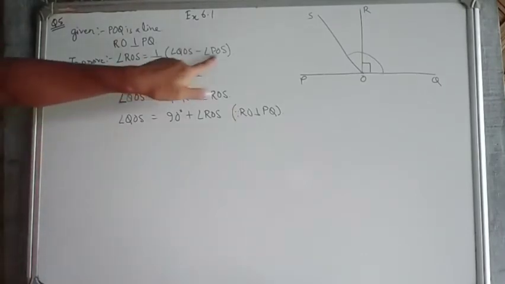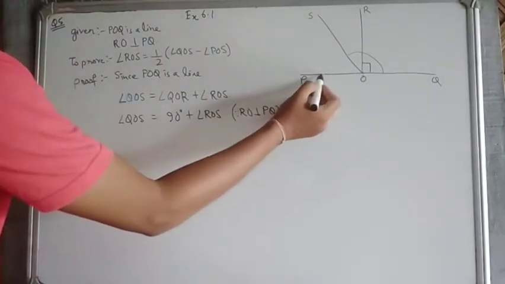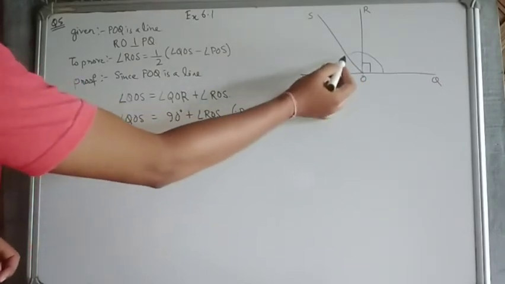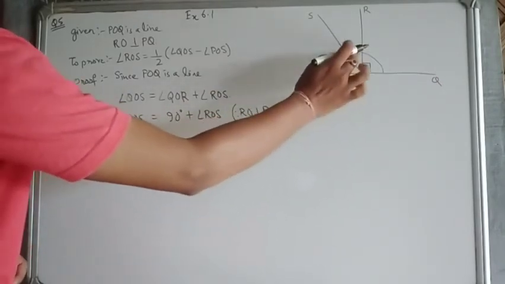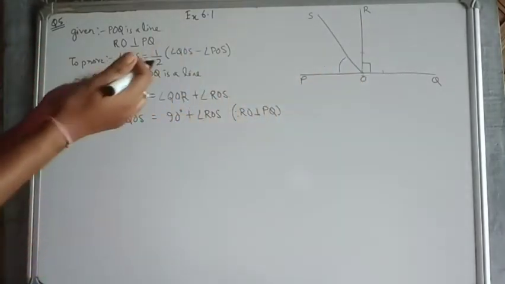Now what we have to find, another part is POS. Now this part POS is not a sum of anything because it is only one angle. There is no part of this angle.